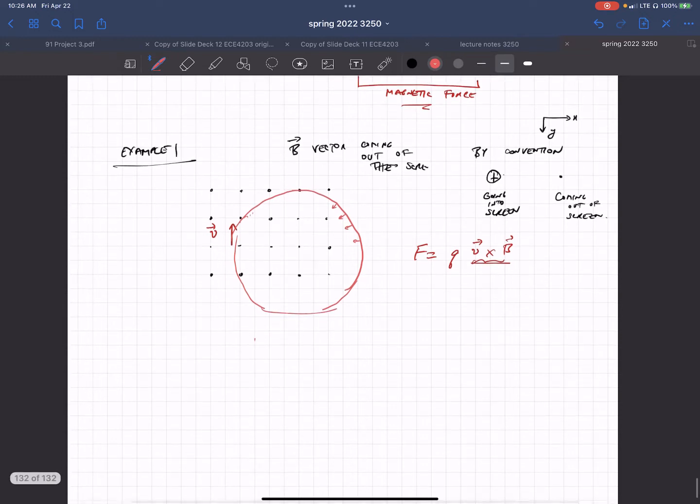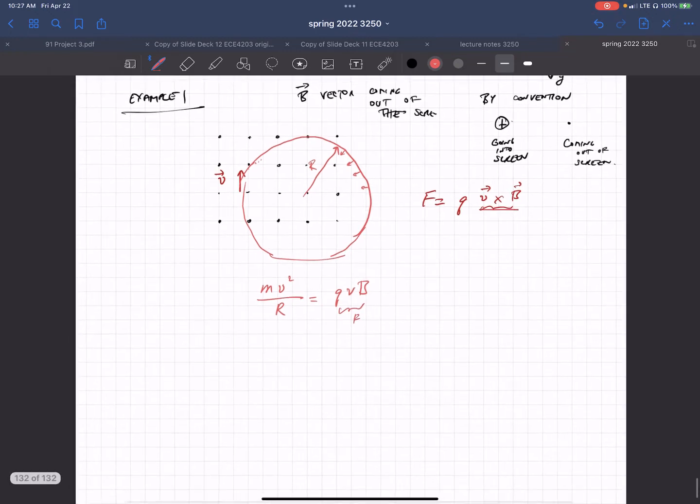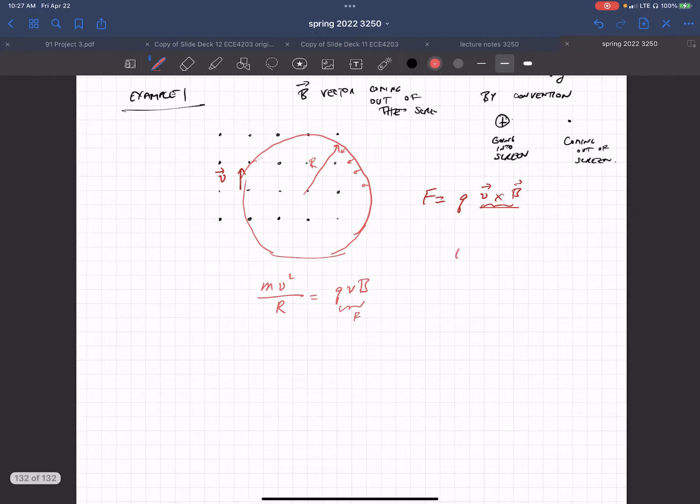And so you have a situation where mv squared over r, where r is the radius of your rotation, is equal to qvB, which is the force that's keeping it in rotation. So in this case, let's call it a particle trap.